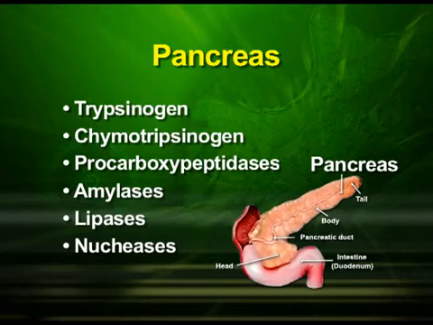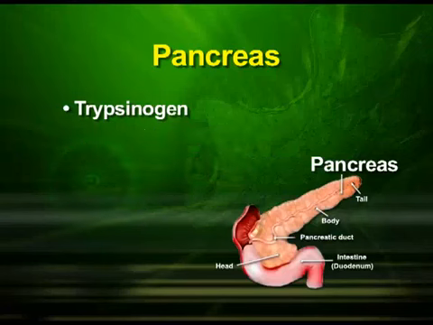So, from the pancreas you have trypsinogen, chymotrypsinogen, procarboxypeptidase. We also have amylases, lipases and nucleases.